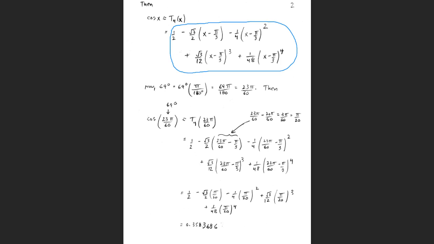You could graph the cosine of x along with the fourth degree Taylor polynomial, and check to see that the polynomial approximates the cosine nicely around pi over 3.